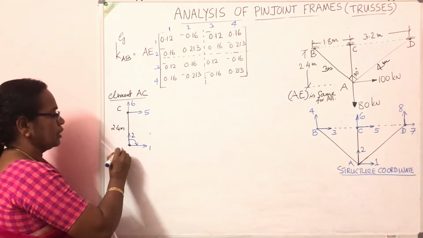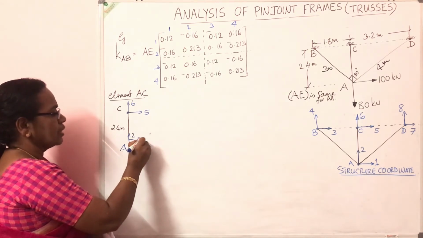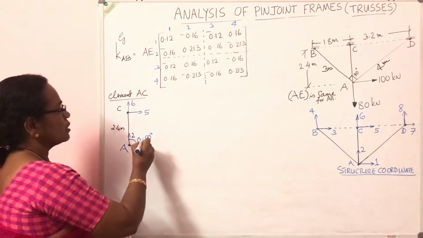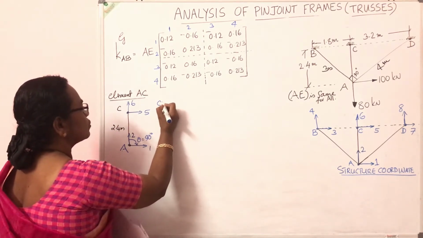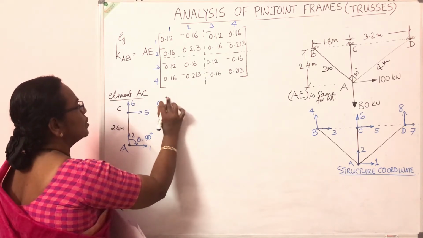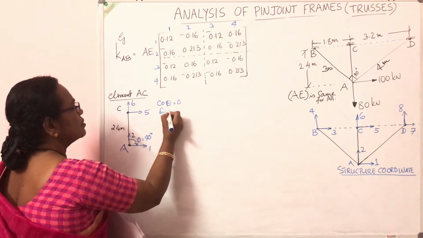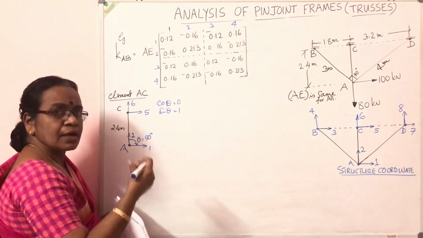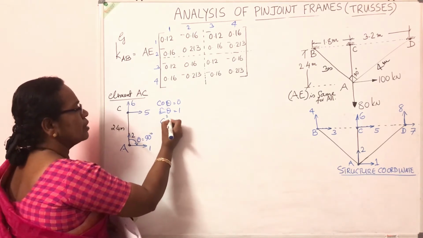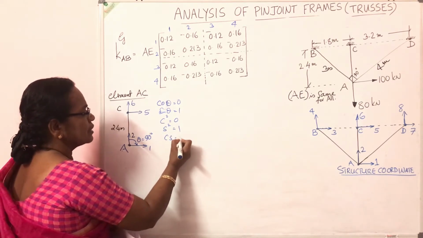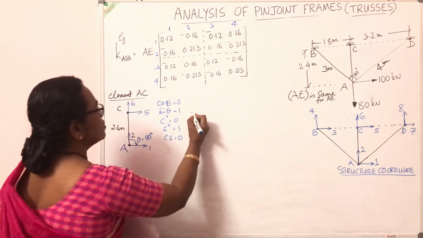This is the first node A. So this is angle theta and that is equal to 90 degree. So corresponding to 90 degree, you calculate what is cos theta. Cos theta 0, sin theta 1. Hence you calculate cos square theta, sin square theta, cos theta sin theta. Then write the stiffness matrix.